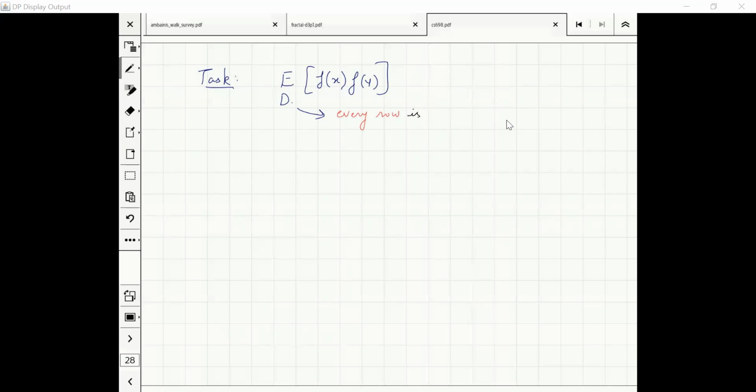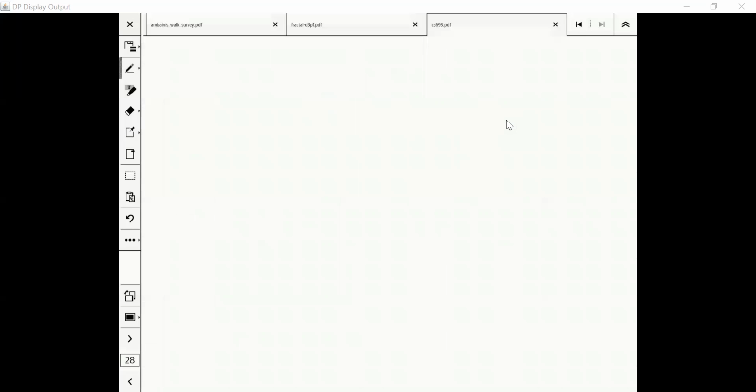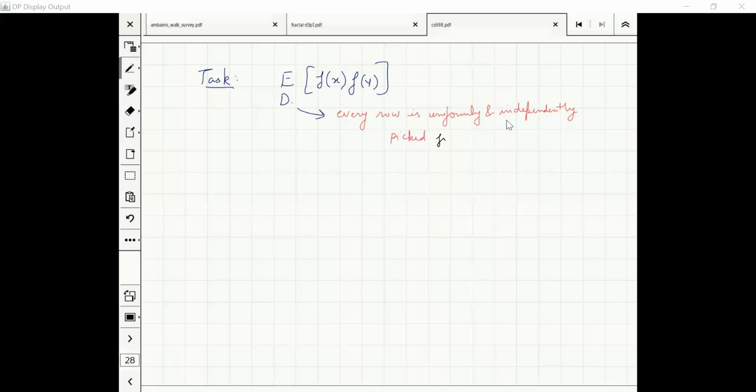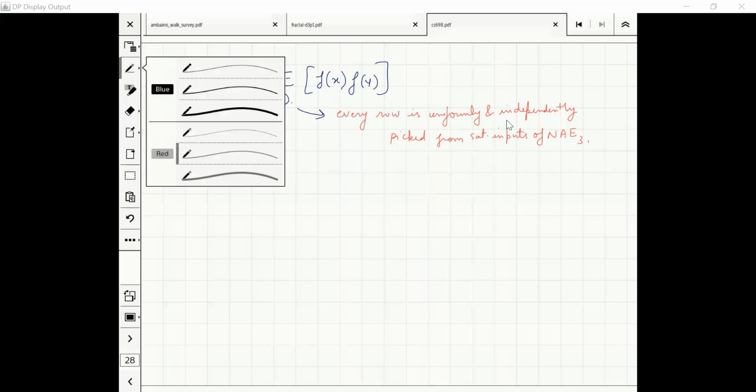X and Y are columns of that matrix. The distribution is over this matrix which has 3 columns. X is the first column, Y is the second column. Every row is uniformly picked from satisfying inputs of NAE3. This is our distribution. Let's see a few of the things which we know about this distribution.